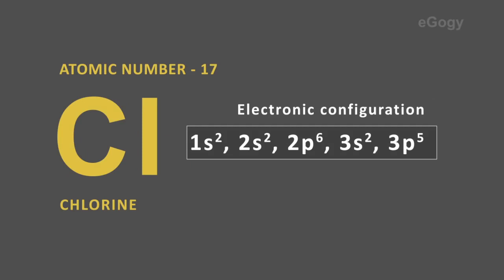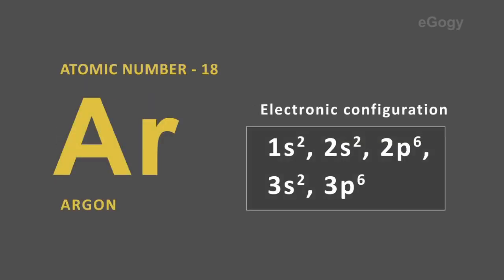Electronic configuration 1s2, 2s2, 2p6, 3s2, 3p5. Argon, atomic number 18. Electronic configuration 1s2, 2s2, 2p6, 3s2, 3p6.